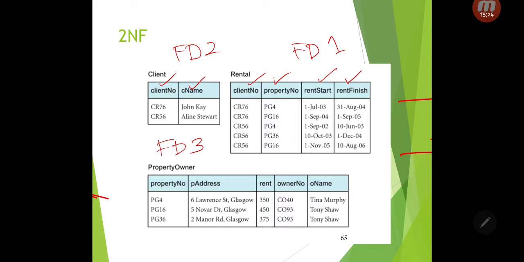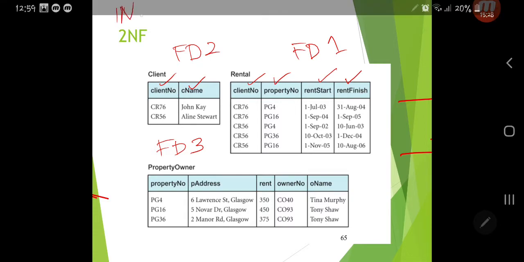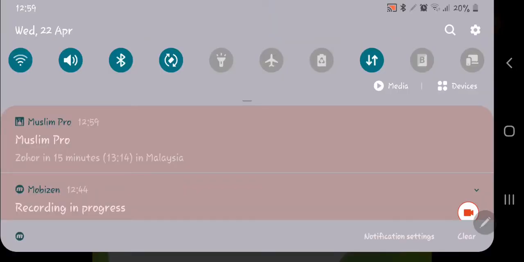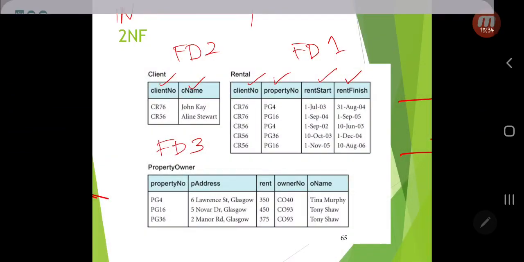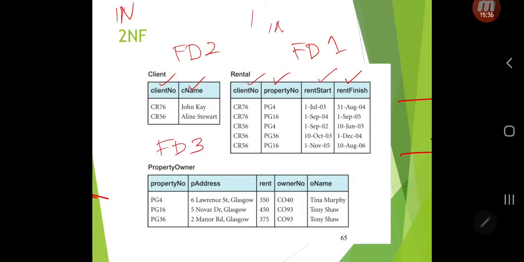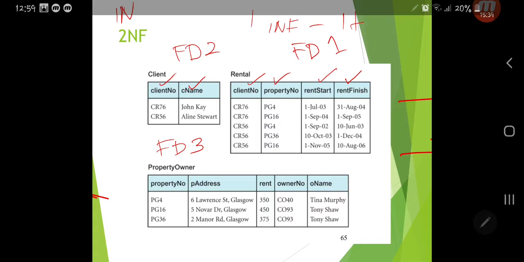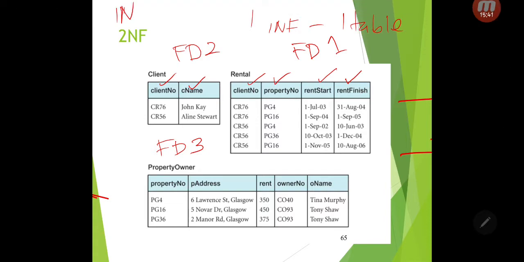First normalized form, 1 table. Second normalized form, you have 3 tables.